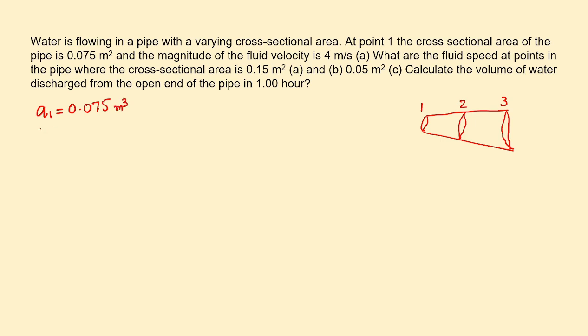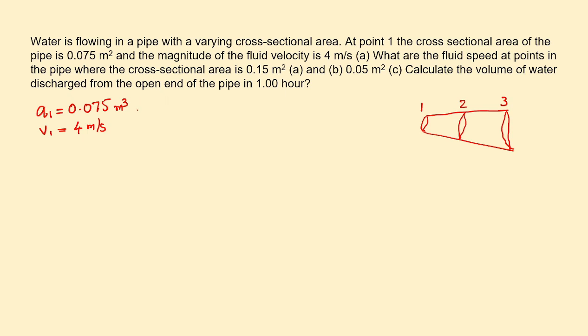At that point, the fluid velocity V1 is equal to 4 meter per second. And we are asked to find the fluid velocity at the two sections, at points 2 and 3. So we can use the equation of continuity.